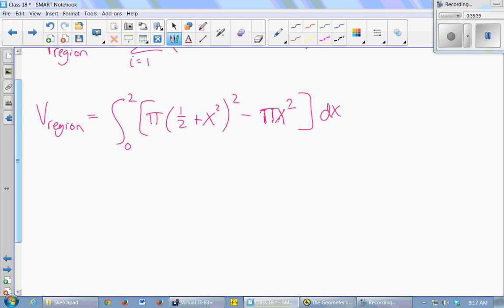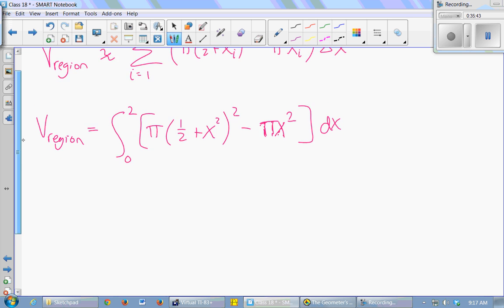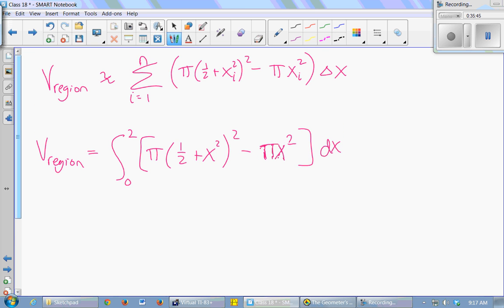Okay, so when you go from a sum to an integral, the delta x becomes a dx, right? In the limit, because delta x is a width, right? And dx represents sort of an infinitesimally small width.